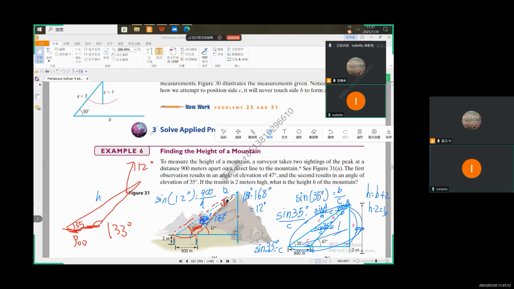Are you using a formula deduced from that one? The original formula is the sine over the length: sine 12 degrees over 900. Oh yeah, we have to work with that. I was thinking sine equals opposite over hypotenuse.